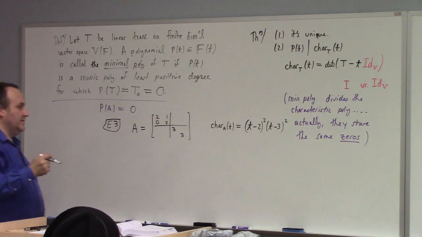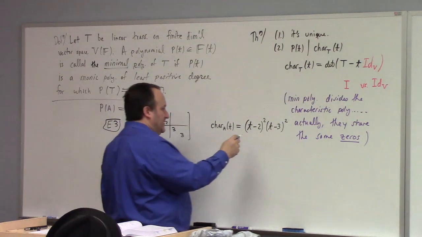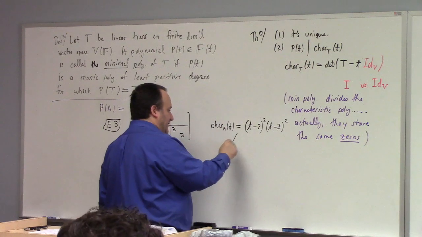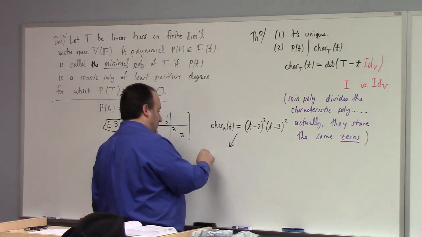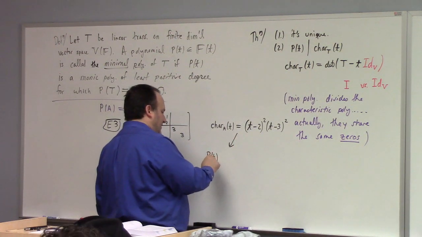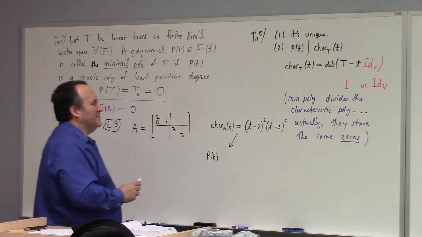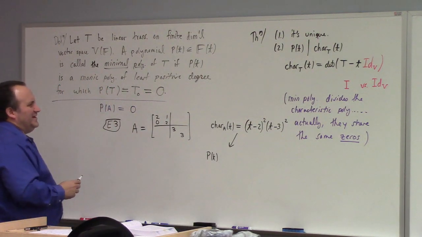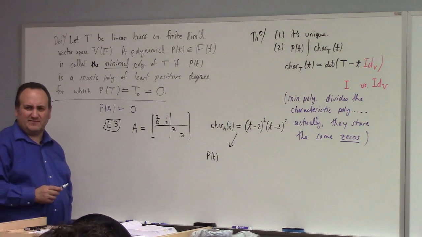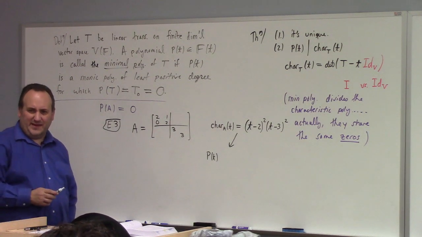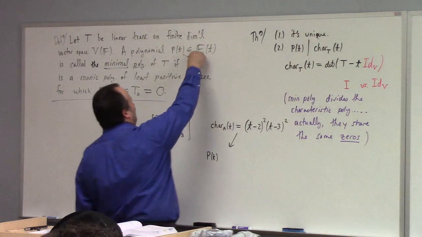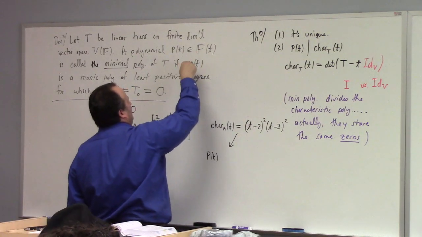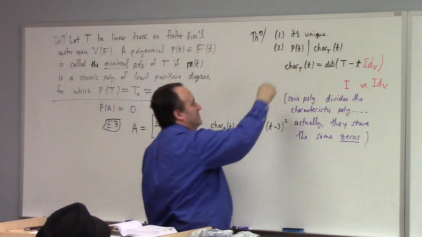So this means that here are possible candidates for the minimal polynomial, right? So we could have p of t. I usually use m for the minimal polynomial. Do you guys mind if I just don't do that here? Can I ignore the book and make it m for minimal? Let me do that. It's not in my notes.